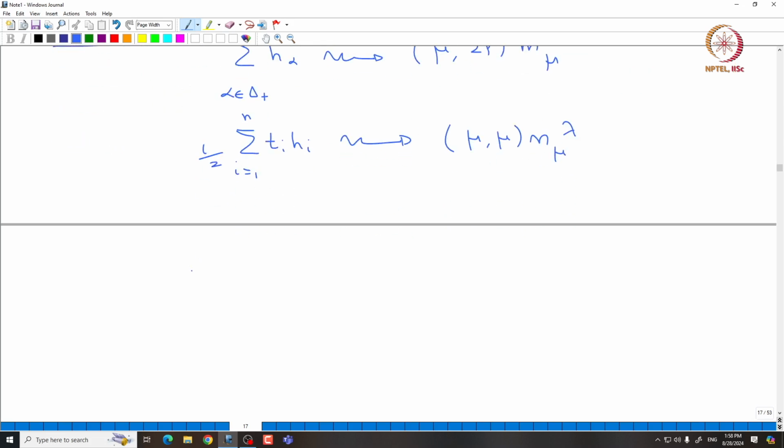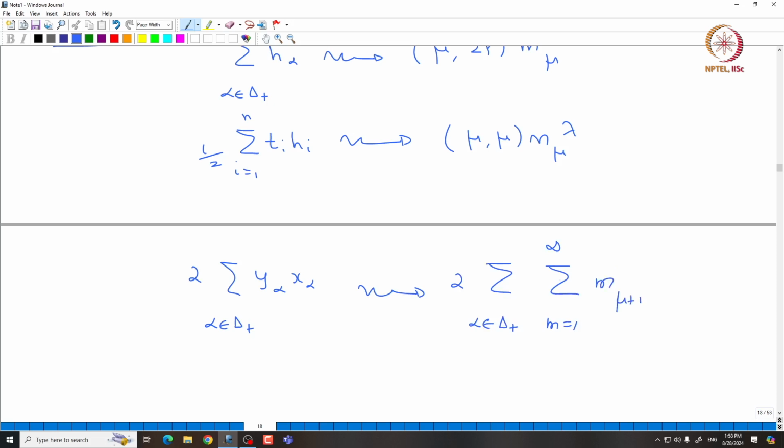Now, by computing this, twice summation y_alpha x_alpha, alpha in delta plus, gives us exactly twice summation alpha in delta plus, summation m ranging from 1 to infinity, of the multiplicity of mu plus m alpha in lambda, times (mu plus m alpha, alpha).